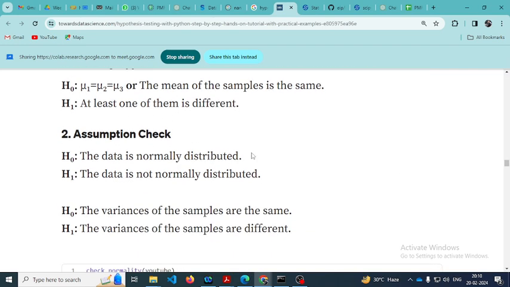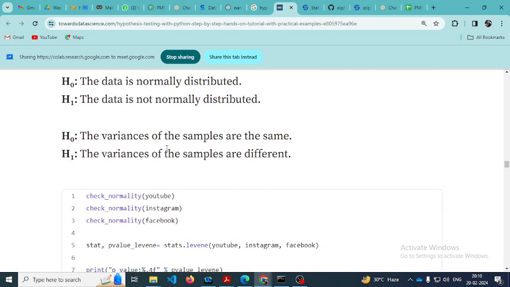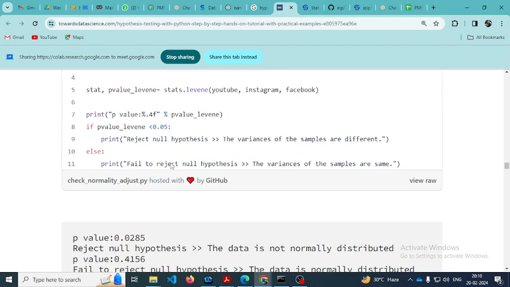Then you check whether the given data is normally distributed or not.